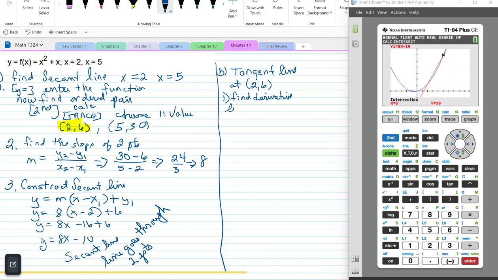So I know it's the limit as h approaches 0 of f of x plus h minus f of x over h. And we've gotten pretty good at doing the small math. I'm going to have x plus h squared plus x plus h minus, and I'll have parentheses, x squared plus x, all divided by that h.